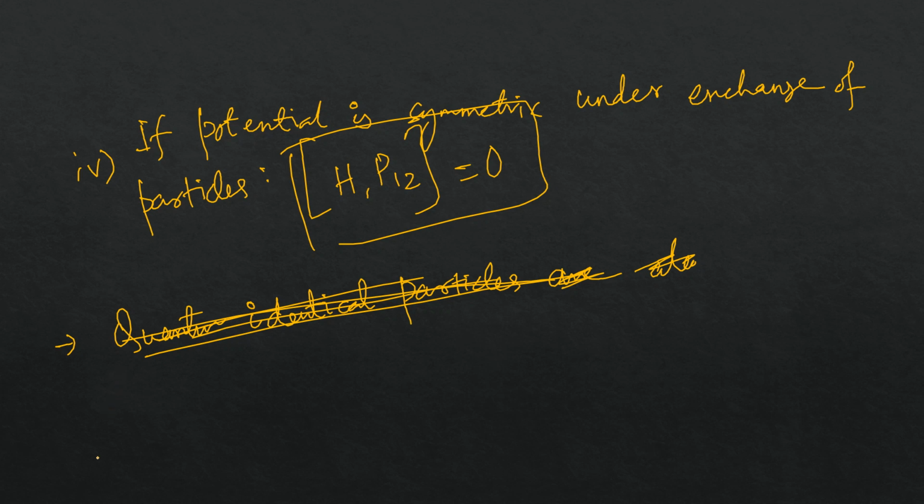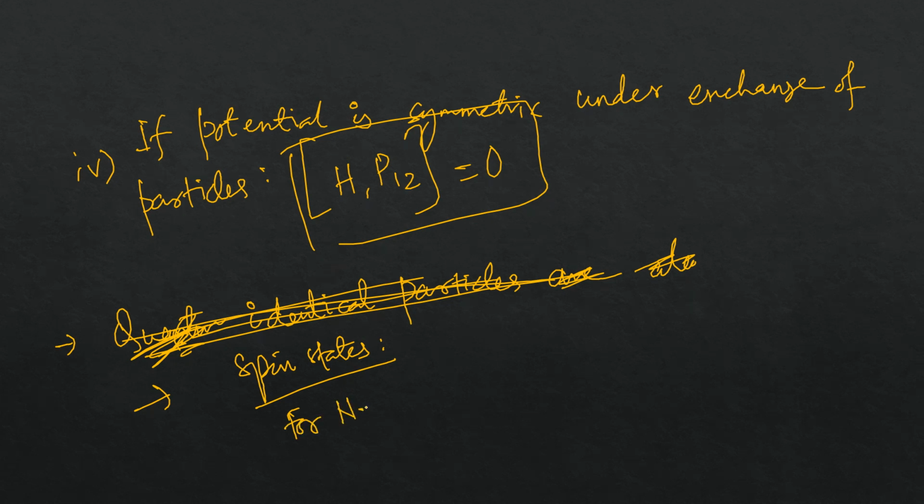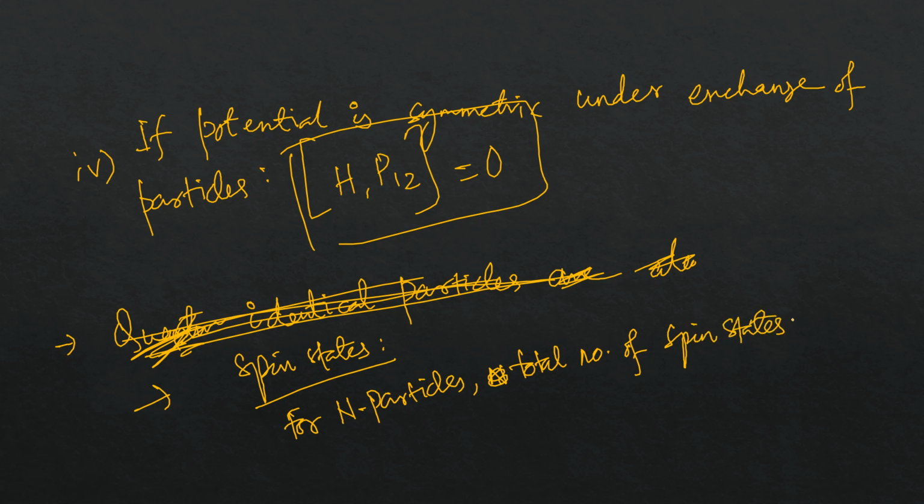Next point is spin states. For n particles, the total number of spin states is equal to (2s plus 1) to the power n.